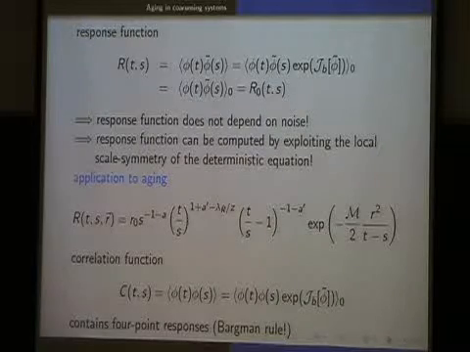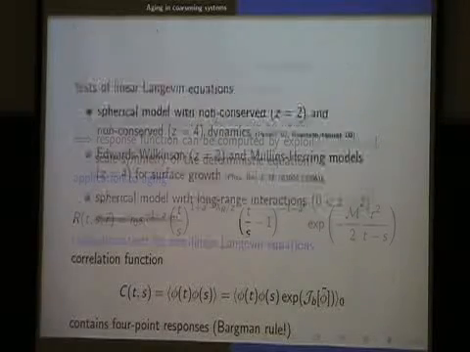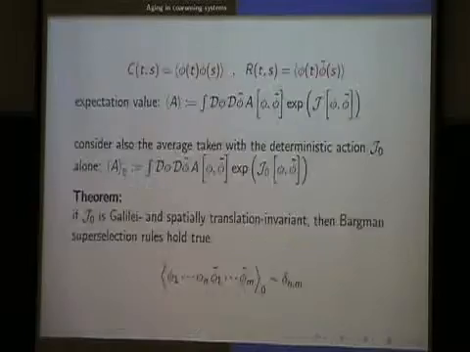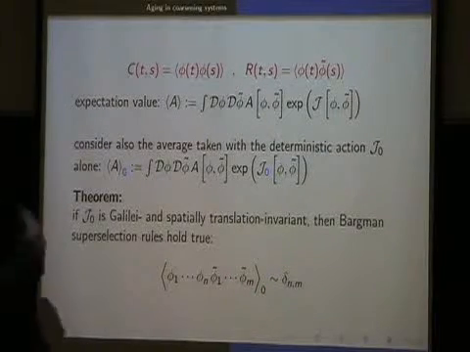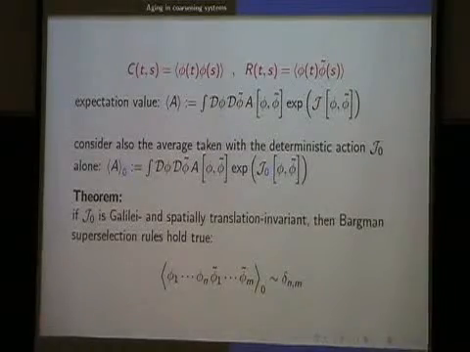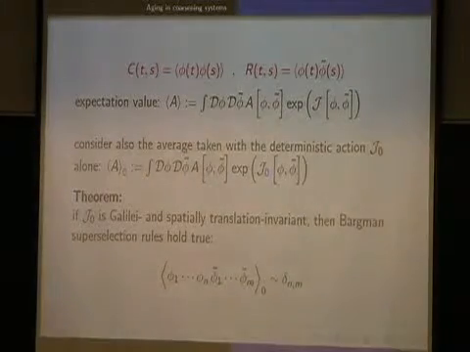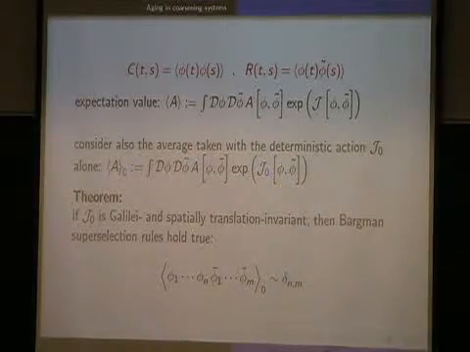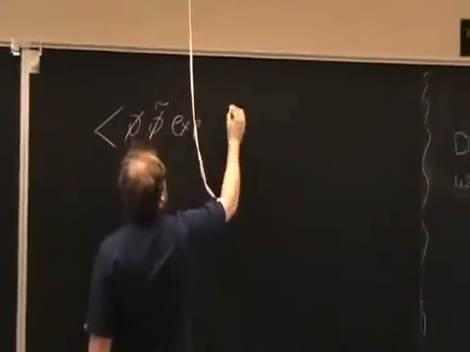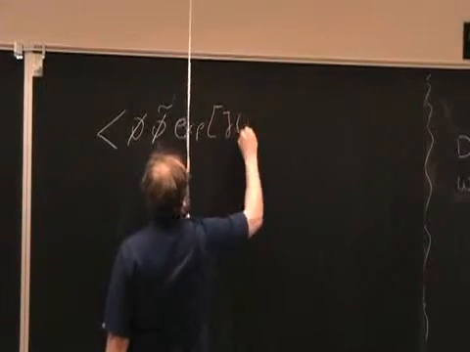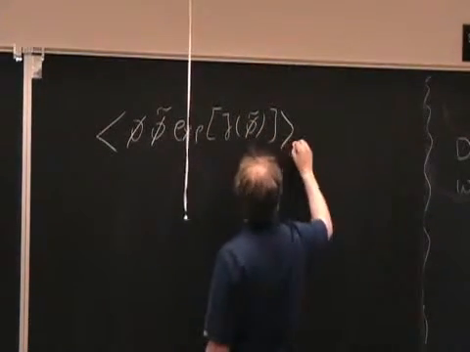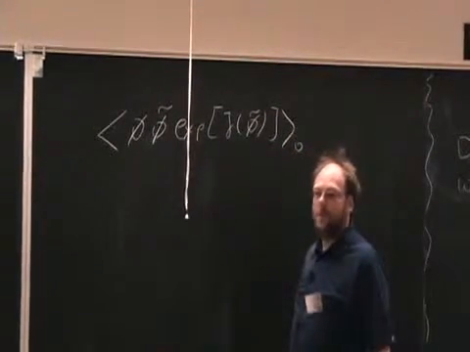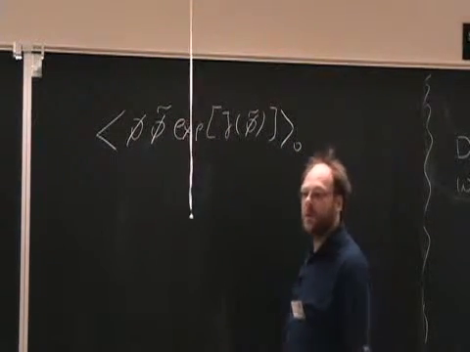Okay. Well, we have this rule here, this theorem, okay? And if you now compute phi tilde, and then we have here some action, which is only a function of phi tilde, you can expand this. You can always expand the exponential.